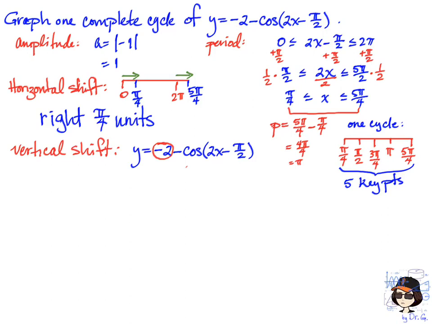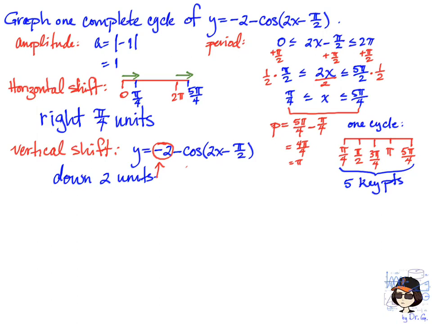So each y coordinate minus 2. So that means we're shifting all the points down by 2 units. So the direction is down and the magnitude is 2. So down 2 units, or 2 units down.